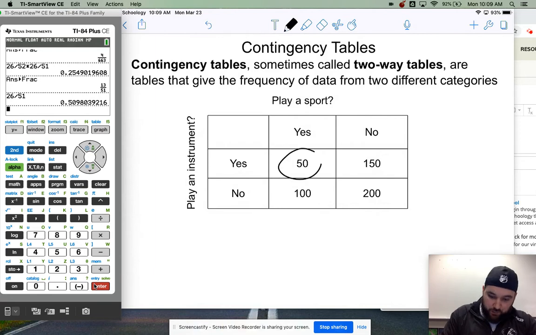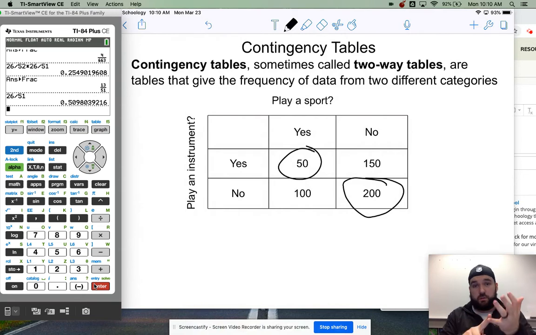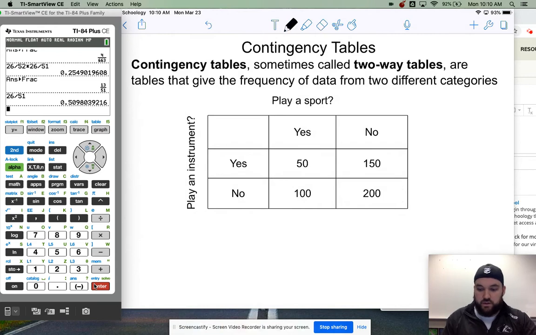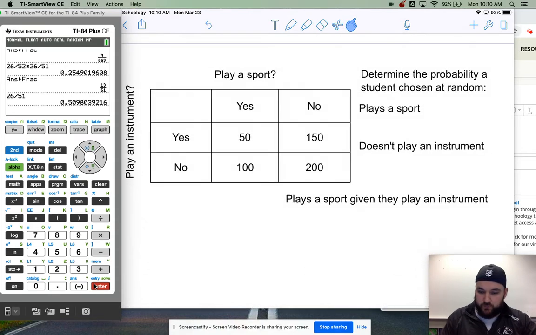So 50 people said yes, they play both a sport and an instrument. 200 people said they don't play a sport and they don't play an instrument, and then you can interpret the other cells in there. Okay, so this is what's called a two-way table or a contingency table.